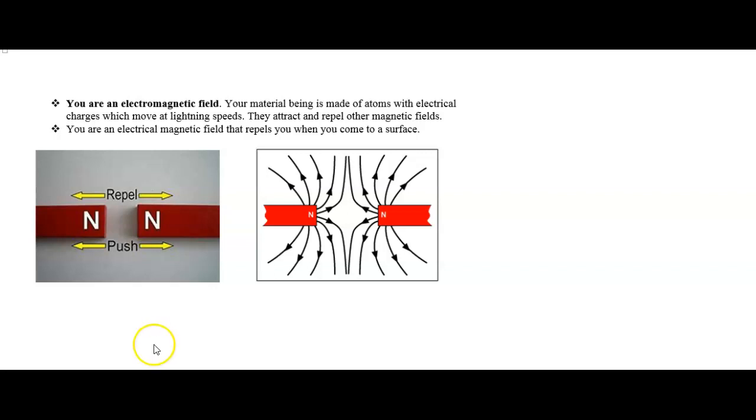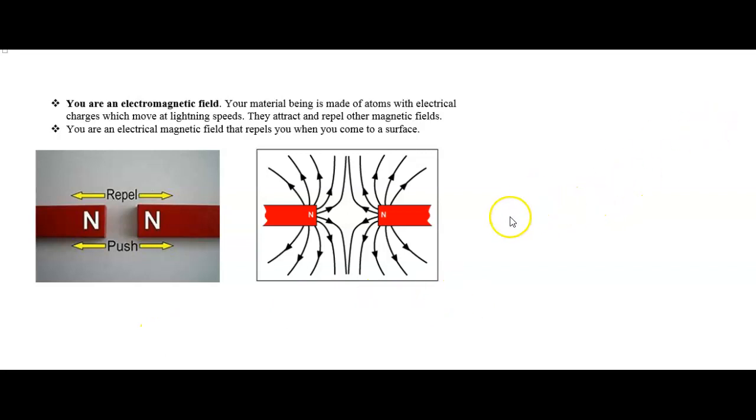I am an electromagnetic field. My material being is made of atoms with electrical charges which move at lightning speeds. They attract and repel other magnetic fields. So I'm an electromagnetic field that's going to repel when I come to a surface.